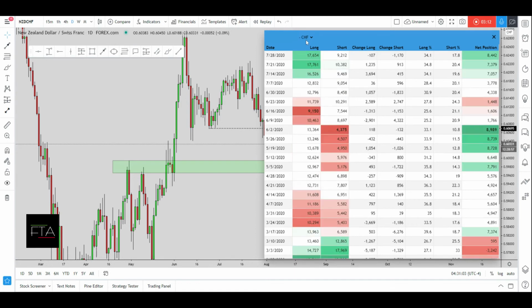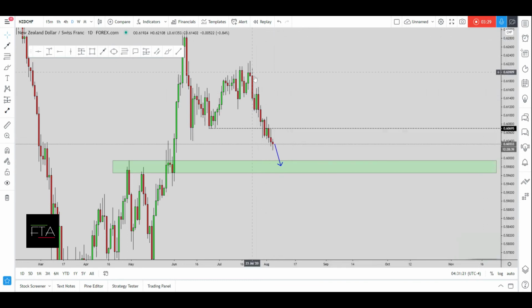And if we look at the CHF perspective, we can see that the momentum is extremely strong, going from 1k to 8k, with longs reaching 17k, which is basically double what we had here at 9k. And definitely CHF has been getting stronger. In fact, CHF pairs have been making moves to the downside, as we can also see here on NZD CHF.